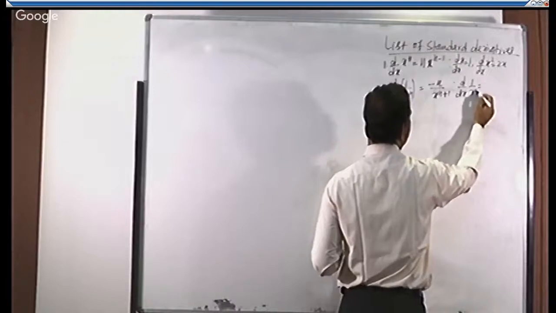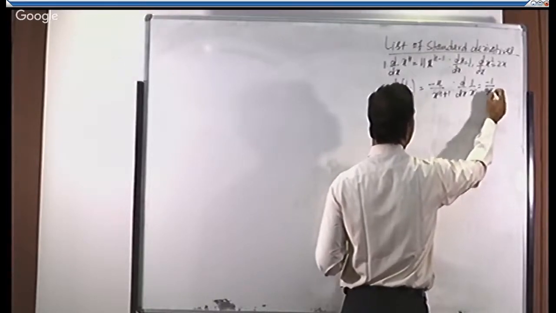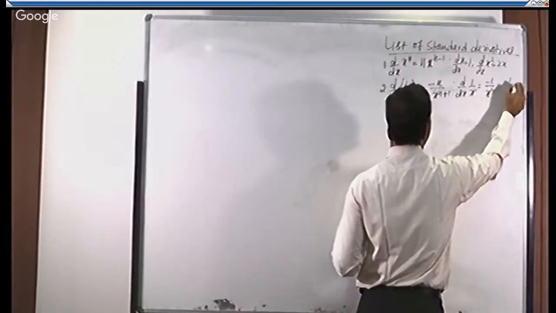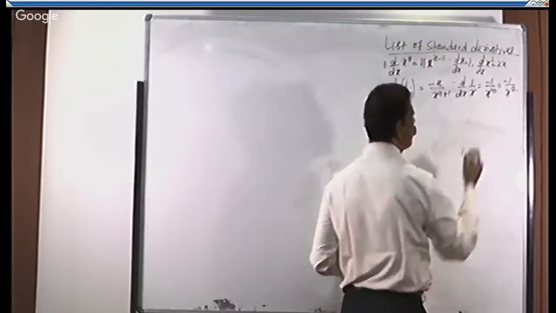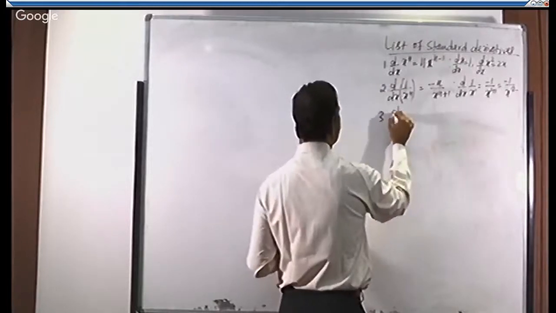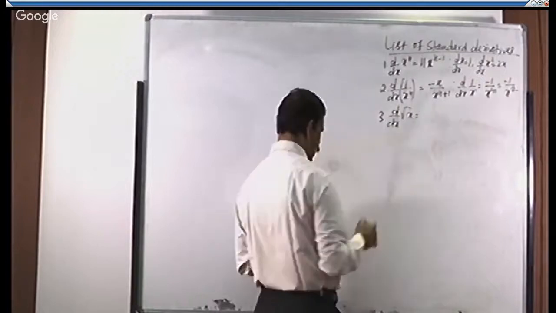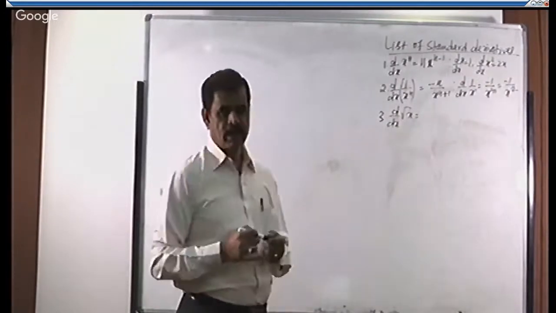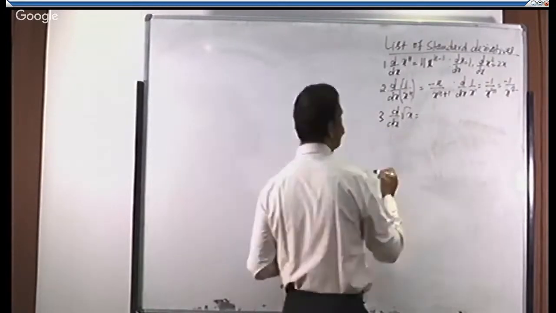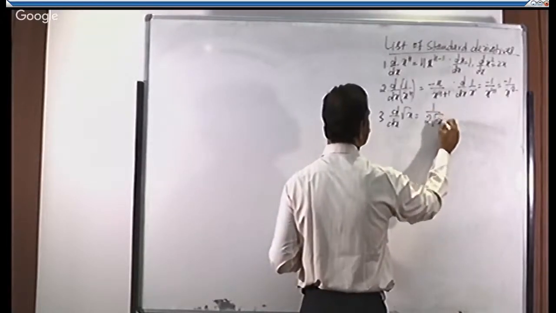What is n? n is 1, so minus n divided by x to the power of 1 plus 1. That is minus 1 by x to the power of 1 plus 1, which is 2. Third one, differentiation of root x. Root x is also taken as a standard derivative. Root x differentiation is 1 by 2 root x.